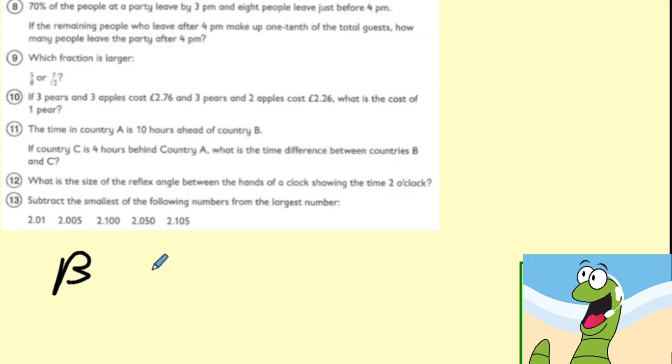Here's B, and here's A, and it's 10 hours ahead. Okay.